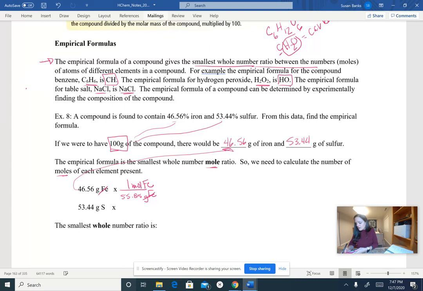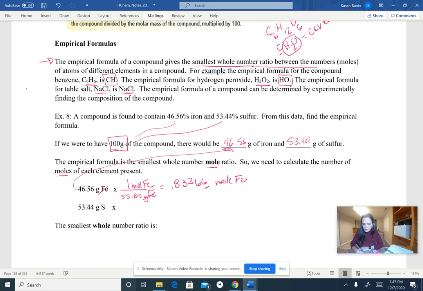So I'm going to take 46.56 and I'm going to divide by 55.85. Okay, so this will give me 0.83366. And I'm going to carry 1 extra digit on my sig figs, because I don't want my mole ratios to fudge from rounding too much.